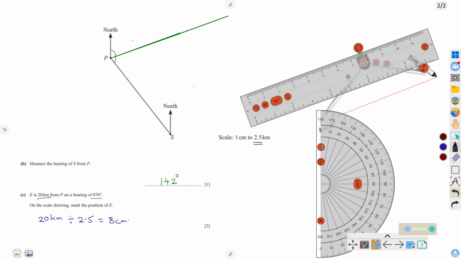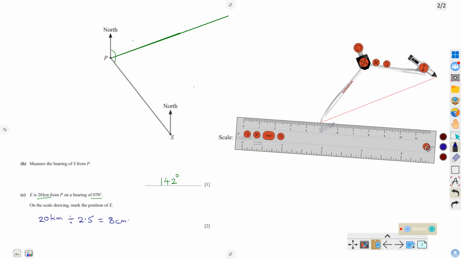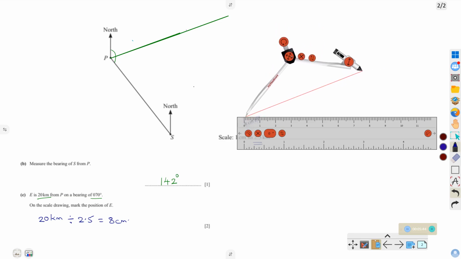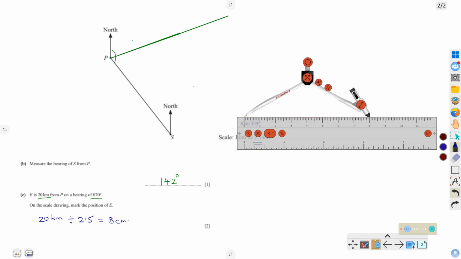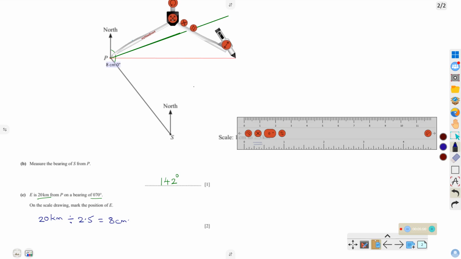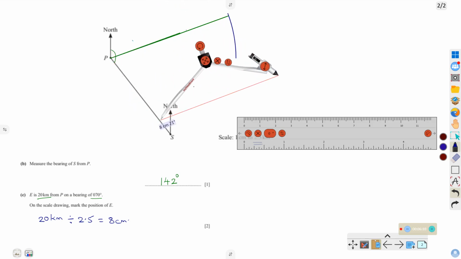Now take your ruler and compass, you need them now. We don't need the protractor now. So take your ruler, take your compass now and measure 8 centimeters. Measure 8 centimeters from 0. After measuring, take it to the point P and make a line.